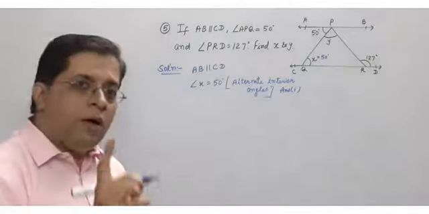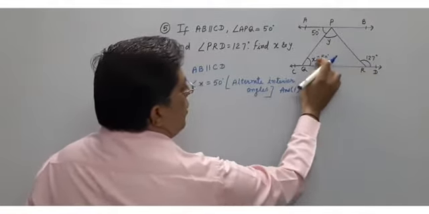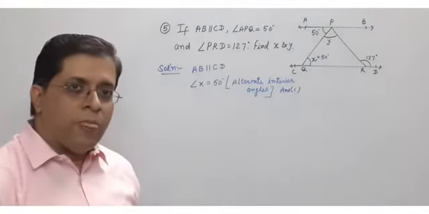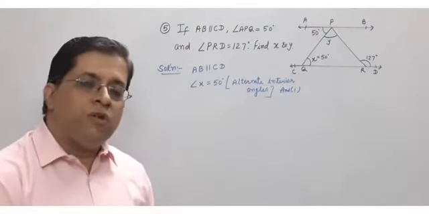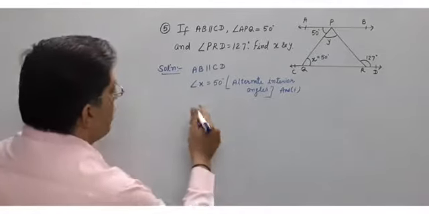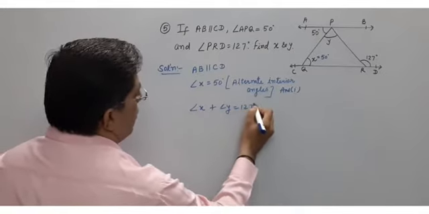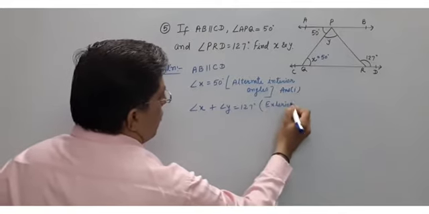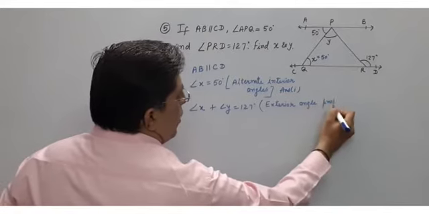Now see, here this is the exterior angle of the triangle and these two are interior angles. We know one property for triangles: exterior angle is always equal to the sum of two interior opposite angles. Here angle x plus angle y is equal to 127. You can write exterior angle property.